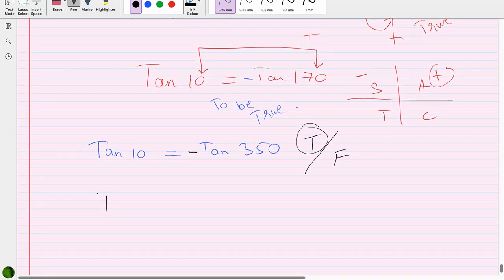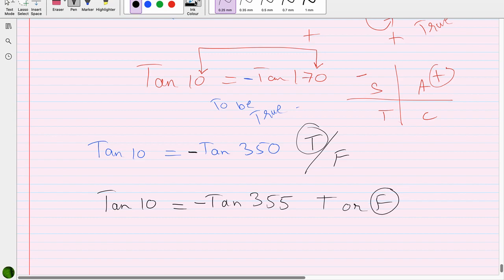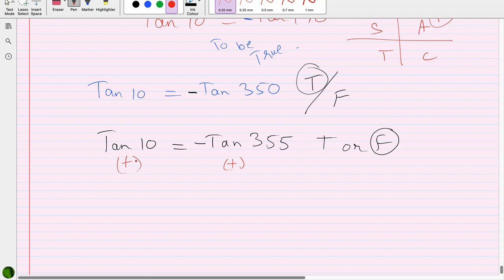One more. Tan of 10 is equal to negative tan of 355. True or false? That is confirmed false. Although this gives you a positive answer, the answers are different because they do not have the same basic angle.